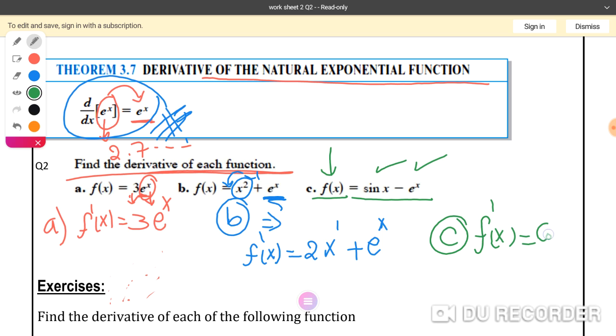It will be cosine x. Minus, what is the derivative of e to power x? It will be e to power x. Don't forget when we write negative: of sine or cosine, which one has a negative sign? Cosine, which has the part co.